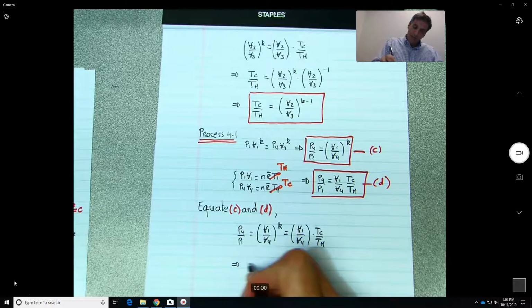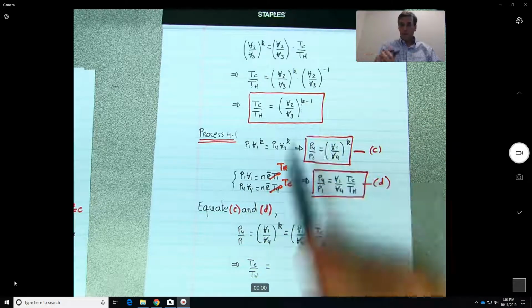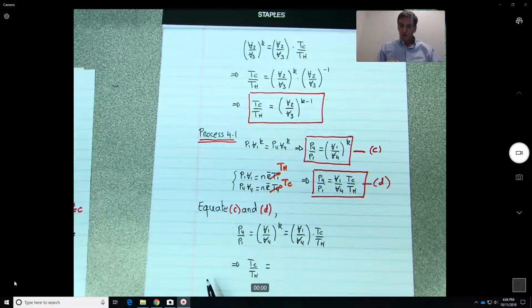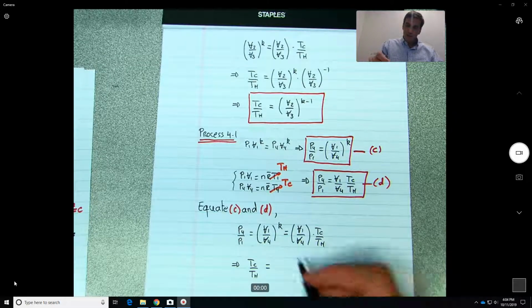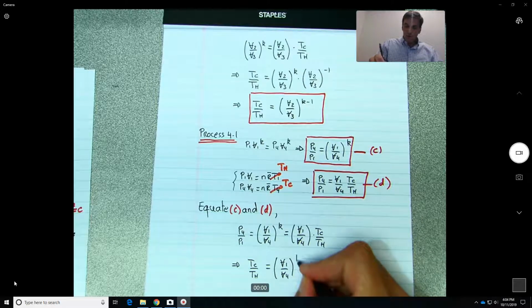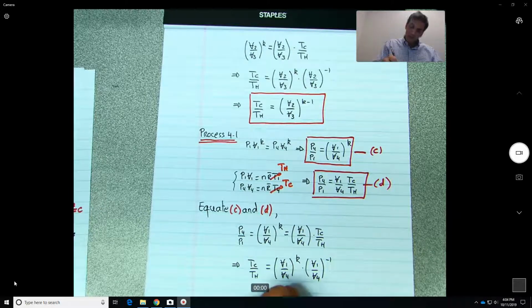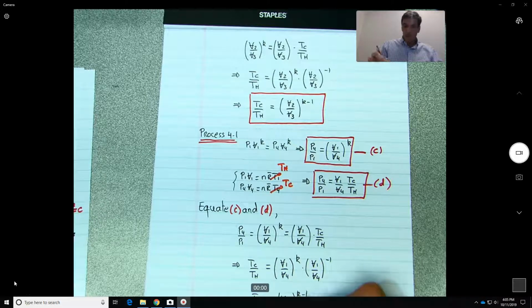So from here we can get Tc over Th, and let's try to get the same exponent K minus 1 over there. So Tc over Th will be equal to V1 over V4 to the K times V1 over V4 to the minus 1. So we get that Tc over T hot equals V1 over V4 to the K minus 1.